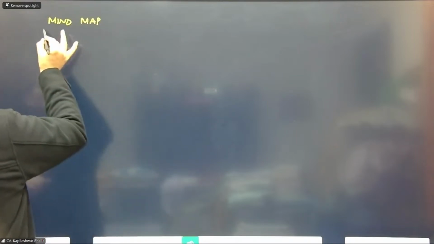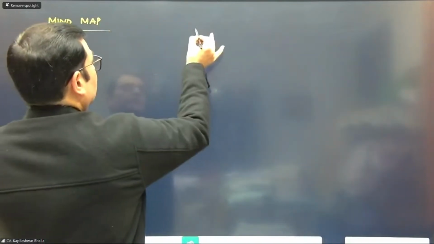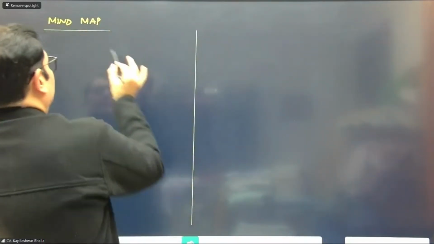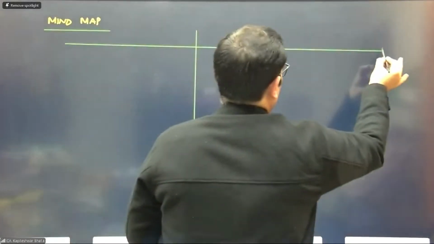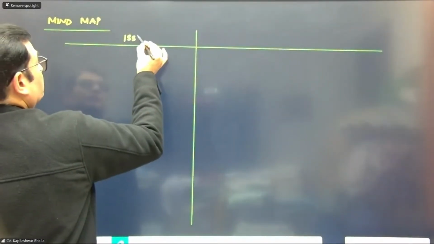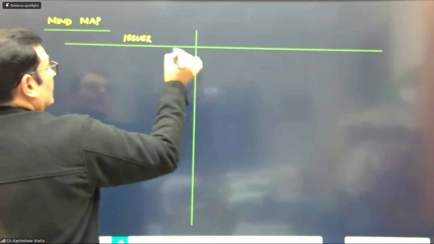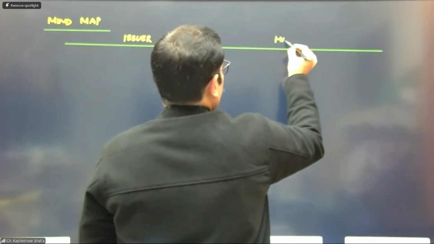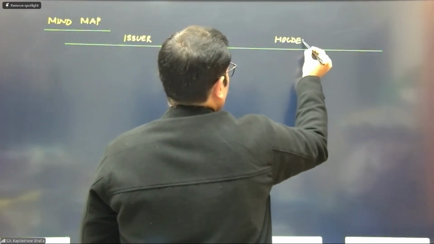So we stand at a common platform in terms of how we are looking at financial instruments. My journey so far has been divided into 2 parts, the issuer and the holder perspective. Your focus in the mind as of now should be that we are focusing either on the issuer perspective or on the holder perspective.